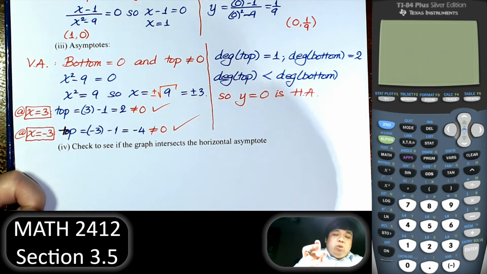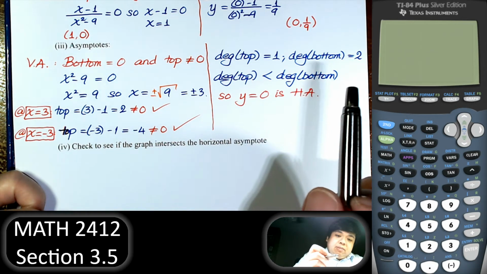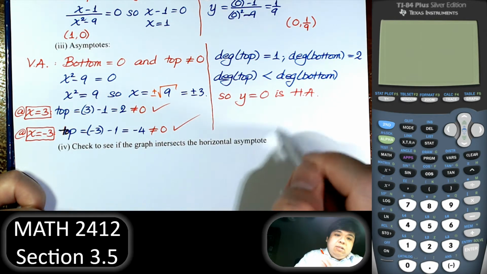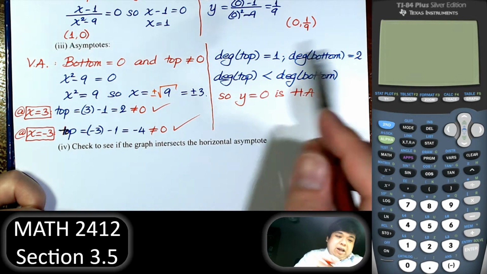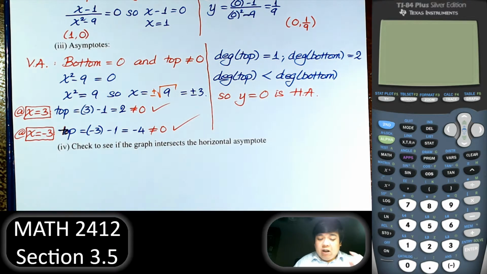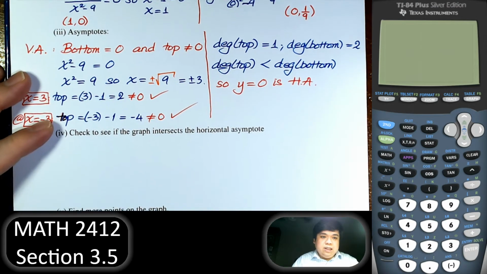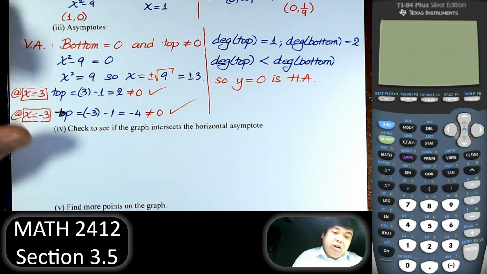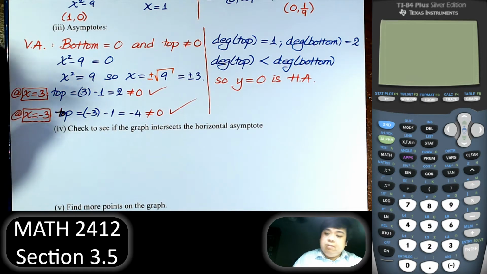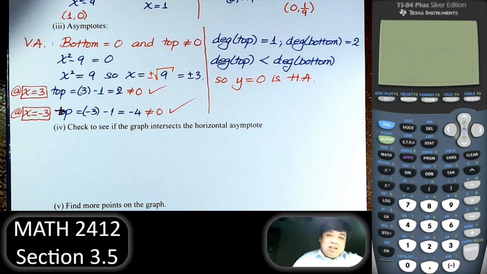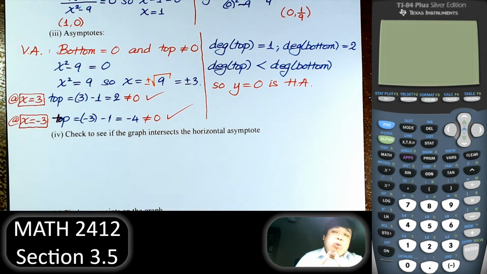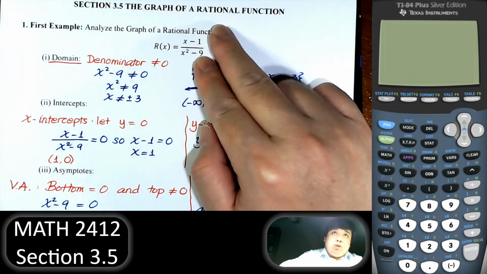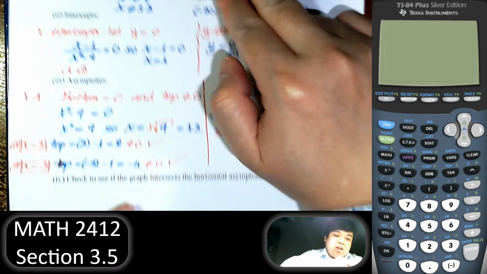For tangent there will be a bunch of different horizontal asymptotes, and for tangent inverse, there are two different horizontal asymptotes. But like I said, in this chapter we only worry about the ratio of two polynomial functions.